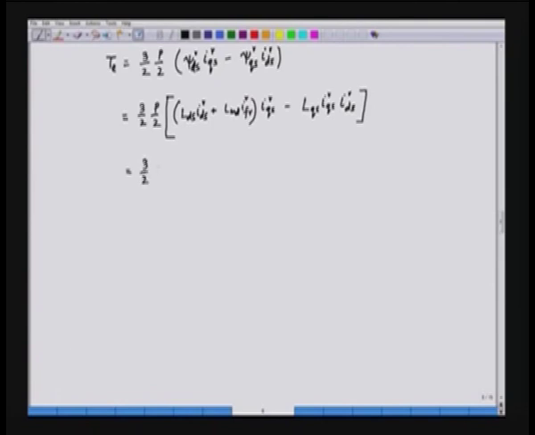We get here 3 by 2 into P by 2, and we have one term which will contain L d s minus L q s, and then I d s into I q s, plus L m d into I f r, in the rotor reference frame, into I q s in the rotor reference frame. So, this is the expression for the torque in a permanent magnet synchronous motor.